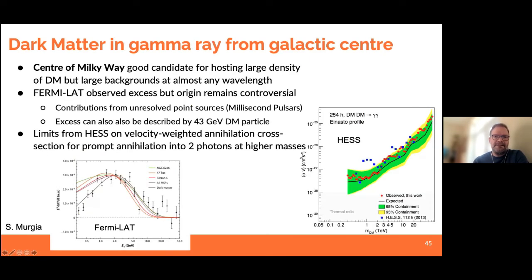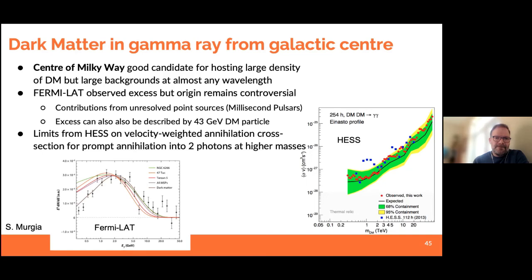But then if you look at the galactic center, there is this excess, a fairly long-standing excess that Fermi has observed. It's again a good place to look for dark matter, but there are a lot of large backgrounds at almost any wavelengths, and the origins of this excess remain controversial.